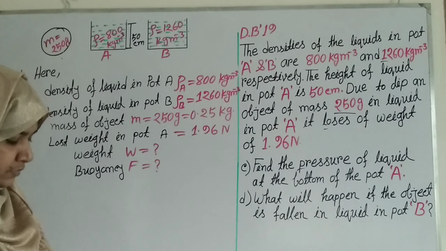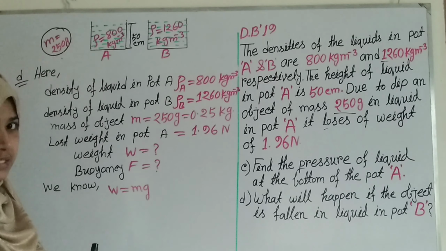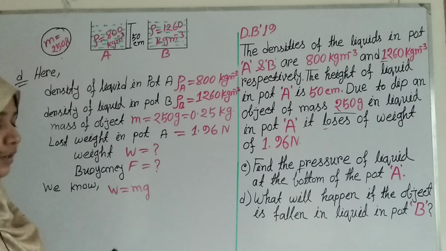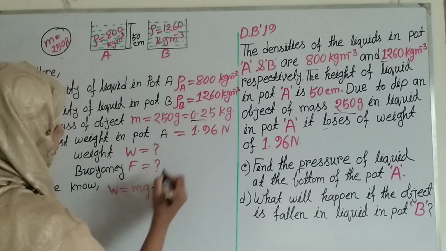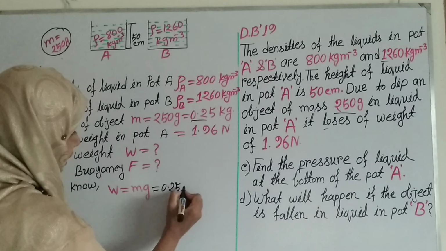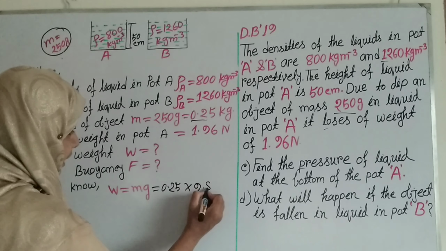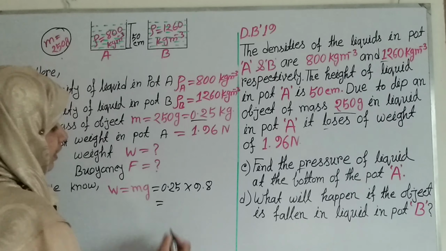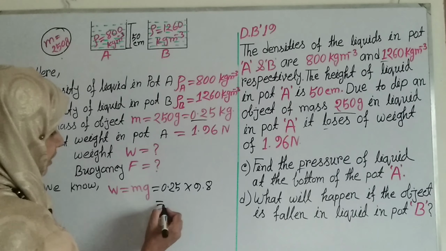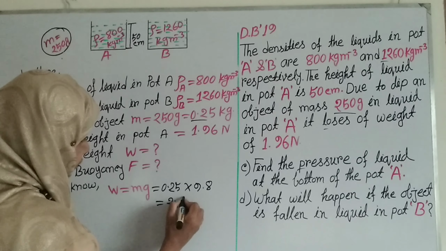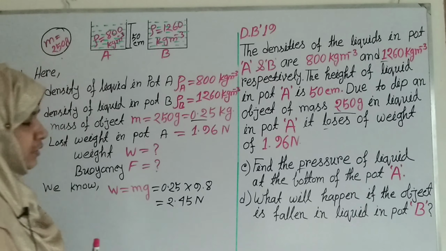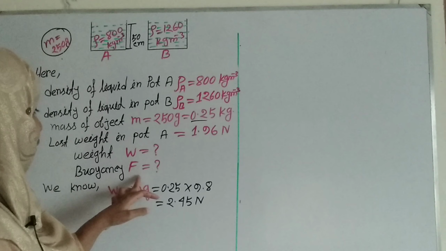Now we know the formula to identify weight is W equals mg. Putting in the value of m, 0.25, and the value of g, 9.8, by calculating it you will get the answer: 2.45 Newton.